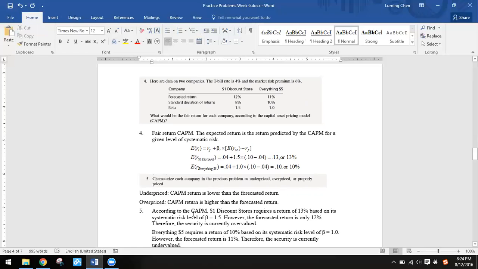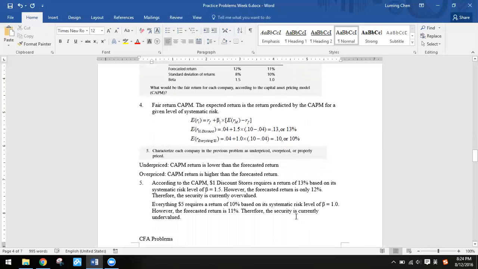So according to CAPM, the first firm requires a return of 13% based on its systematic risk beta of 1.5. However, the forecasted return is only 12%. So the CAPM return is higher than the forecasted return.